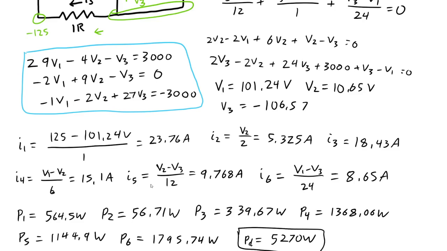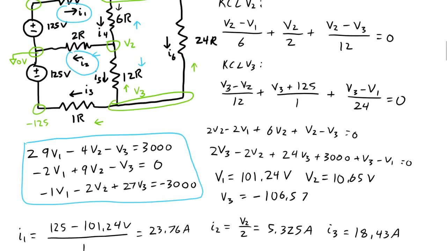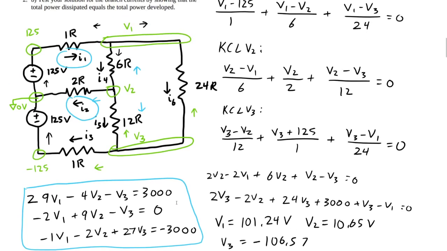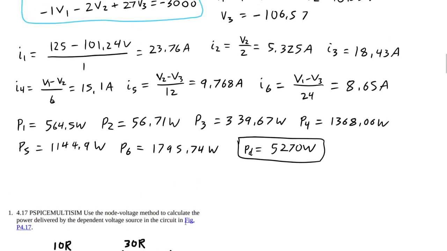So now we're going to compare that to the power supplied. We have to find out how much current is flowing through these sources. If it wasn't for the 2 ohm resistor in the middle, we could find it by just finding I3 or I1, but there is a split there. Anyway, we have I3 going into the 125, so PS1 is going to be I3 times 125, and the minus because we're supplying.